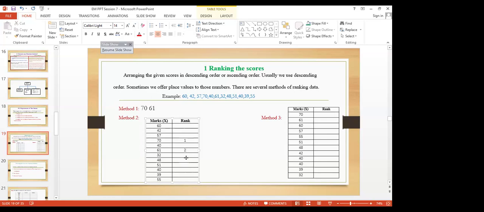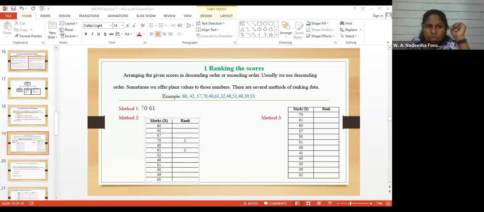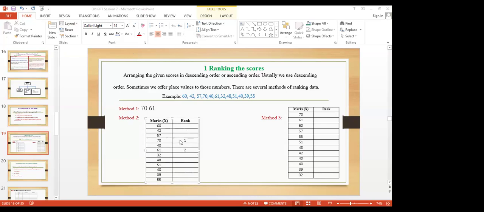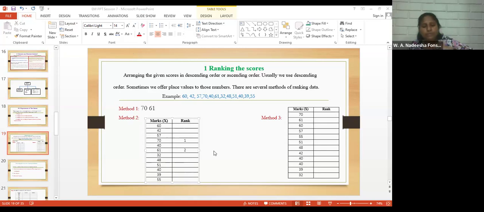In the previous day, we discussed what to do if there are similar numbers such as 61, 61. There are two 61s here. We have to give 2.5, 2.5. Like that, we rank them. If there are more than 2 or 3, then we have to divide accordingly.